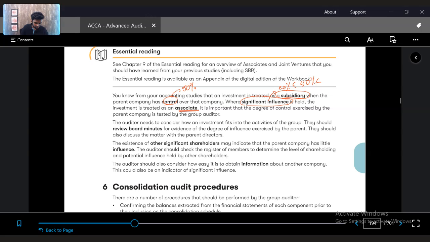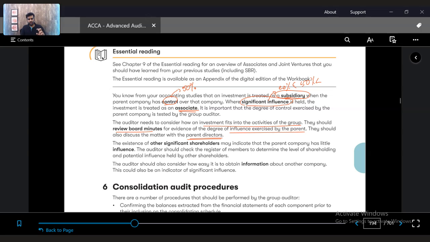All right. One thing you need to note is that you need to consider how the investment fits into the activities of the group. For that, you can review the board minutes for evidence of any degree of influence exercised by the parent. They should also discuss with the parent's director.